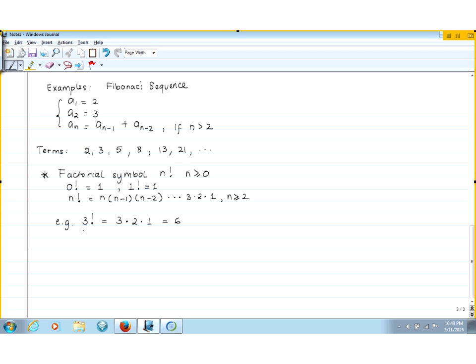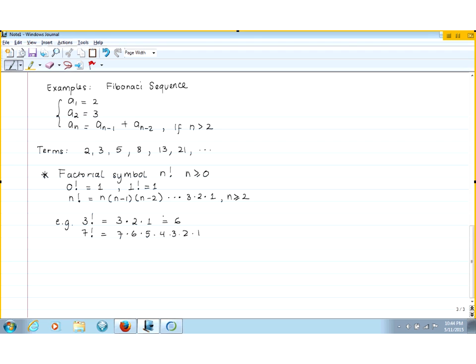This is just 3 times 2 times 1, so this is 6. What is 7 factorial? This is 7 times 6 times 5 times 4 times 3 times 2 times 1. So 6 times 4 is 24 times 5 is 120, 120 times 6 is 720.